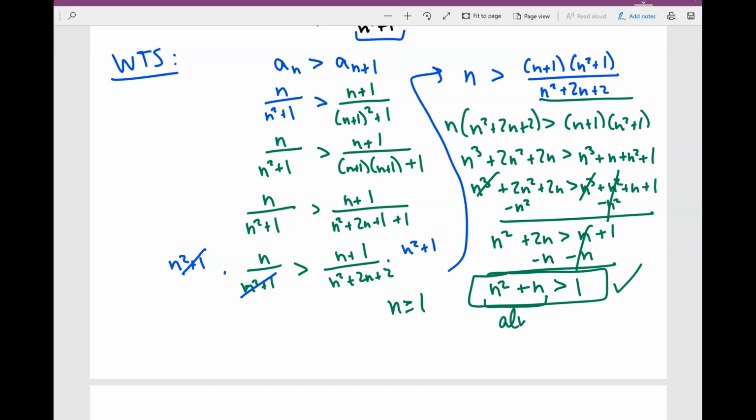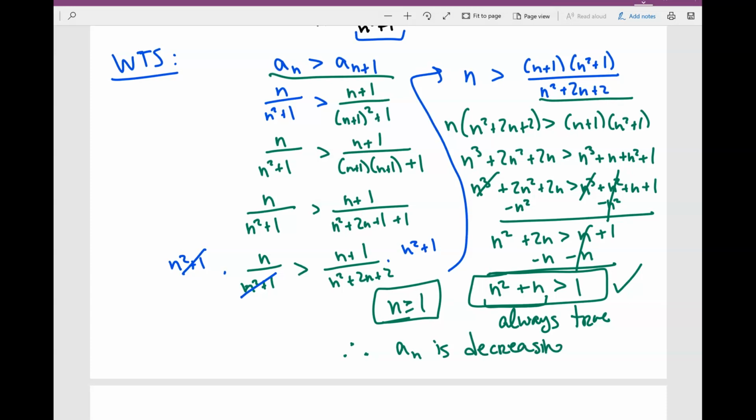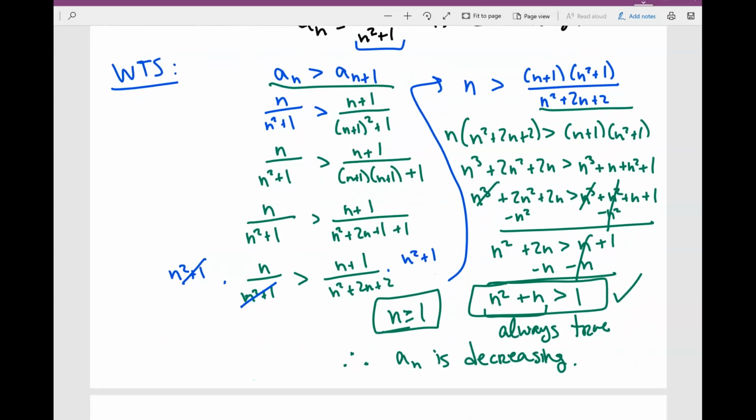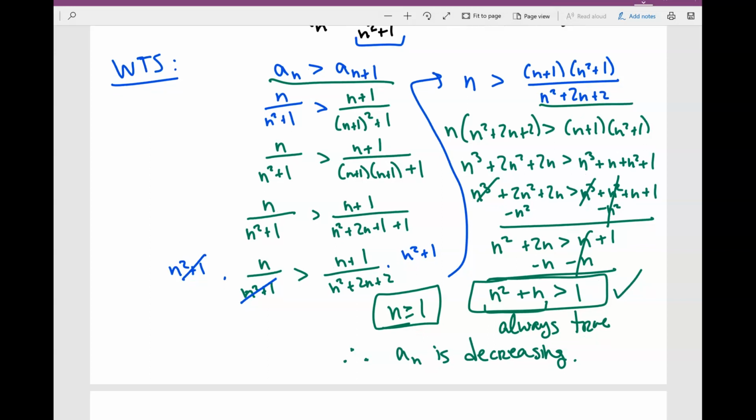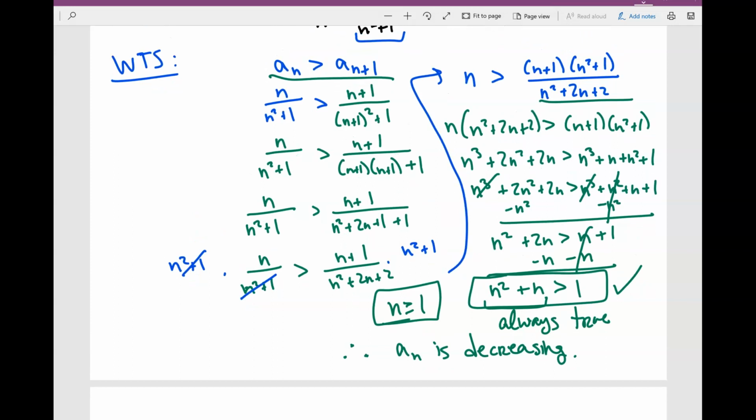No matter what number I put in, as long as it's at least 1, this gives me something true. Because we showed this is true, therefore, a sub n is decreasing, which is what we wanted to show. Using this formulation, it's a little bit long, but you're able to do it. As long as you can show a true statement, that's what you really want to be able to do.